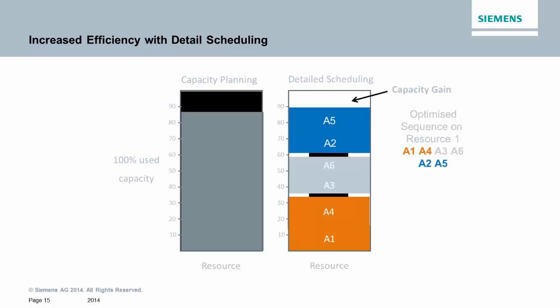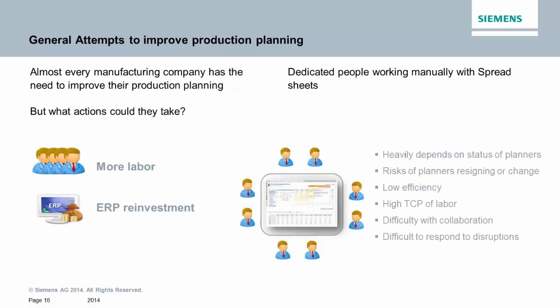So we've got a capacity gain, and if we have high demand for our product, any capacity gain ends up being more product out the door, profit going directly to the bottom line. So what are different techniques that manufacturing plants use to solve their scheduling challenges?